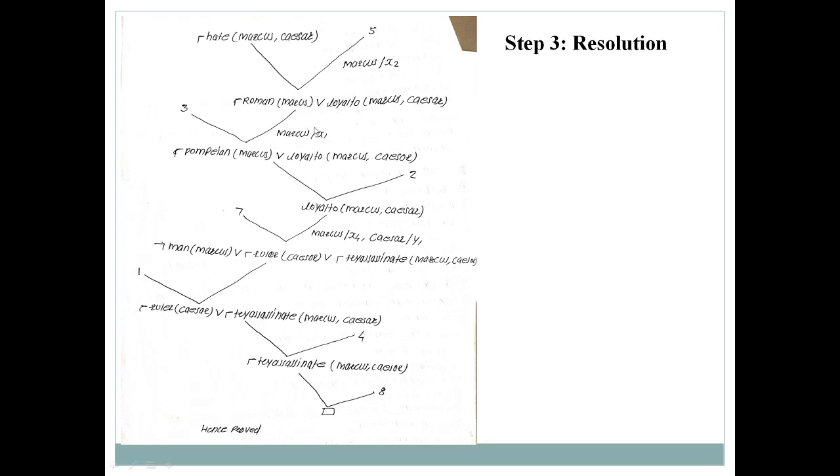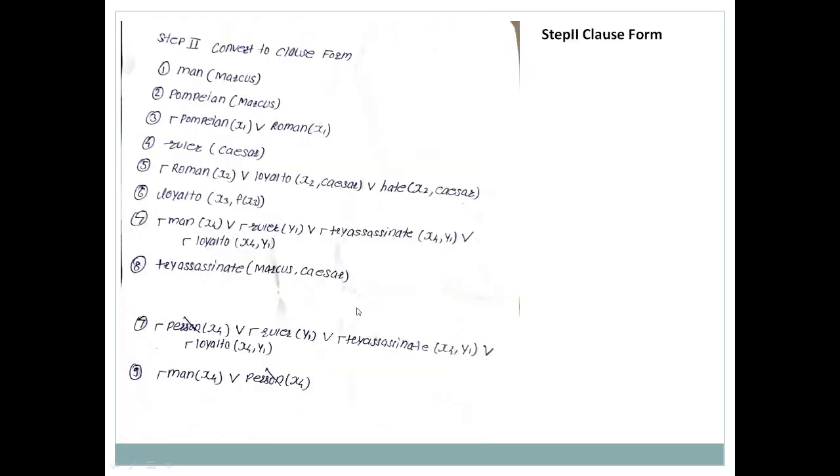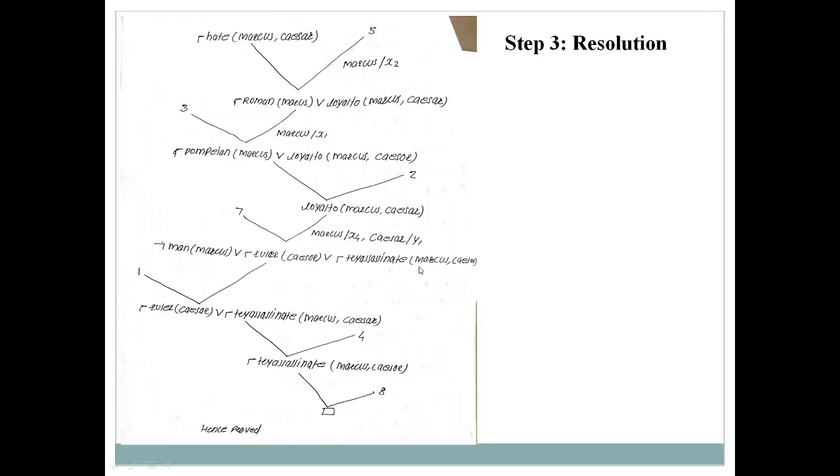Now you have to continue until you find the contradiction. I will tell you in simple terms: in the resolution step, you need to try to cancel all these terms. When cancellation is possible, a negative term gets cancelled with the positive term.